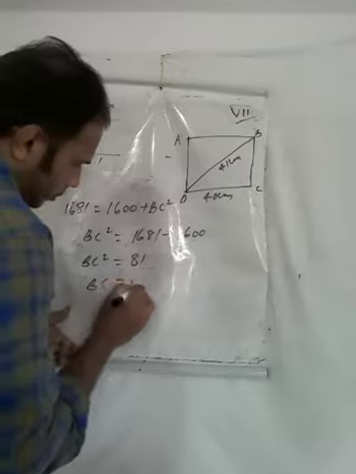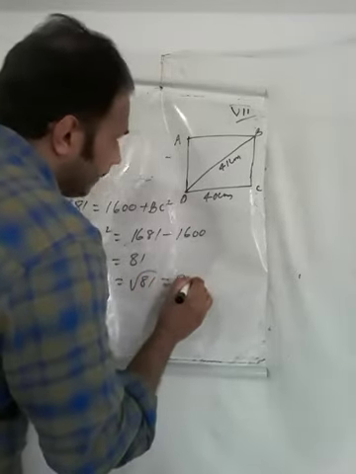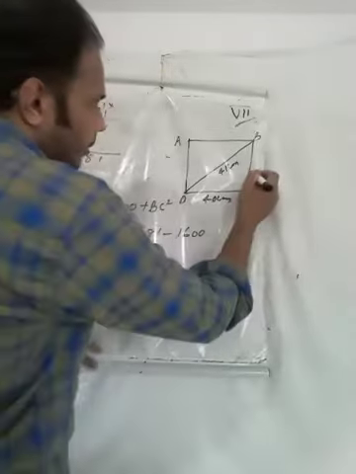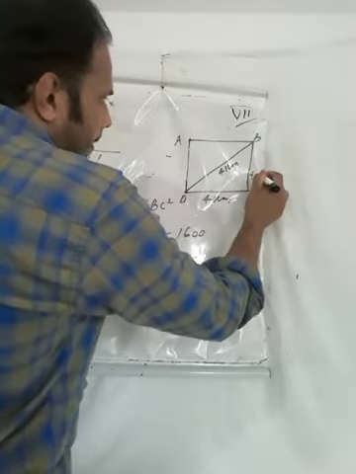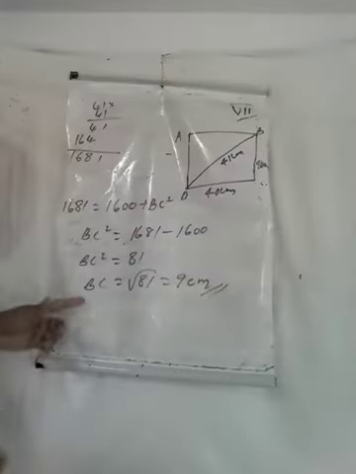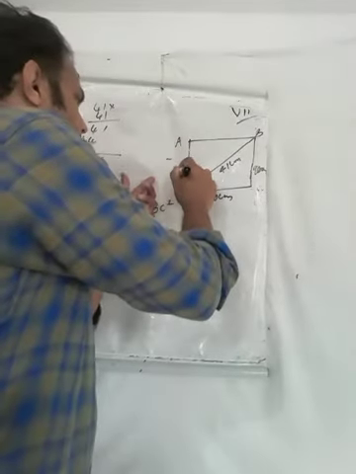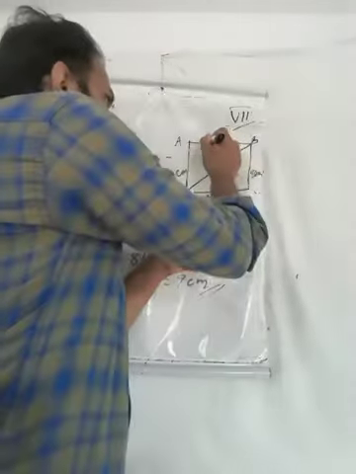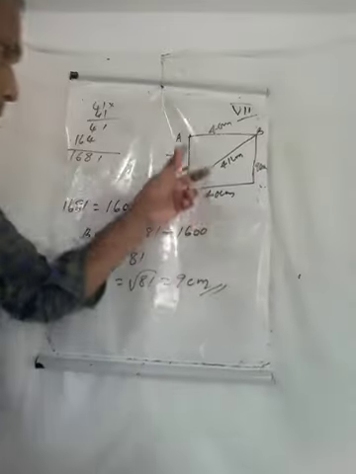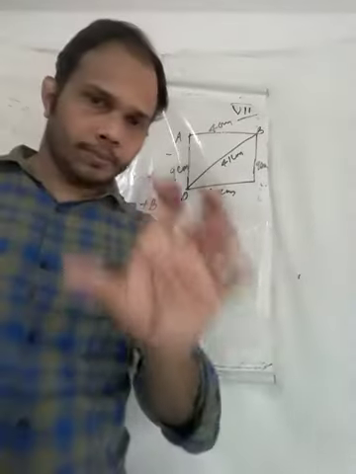So BC equal to root 81 equal to 9 centimeter. Yes, we got the breadth is 9 centimeter. BC equal to 9 centimeter, then AD is also 9 centimeter, and this is also 40 centimeter, because the opposite sides are equal.